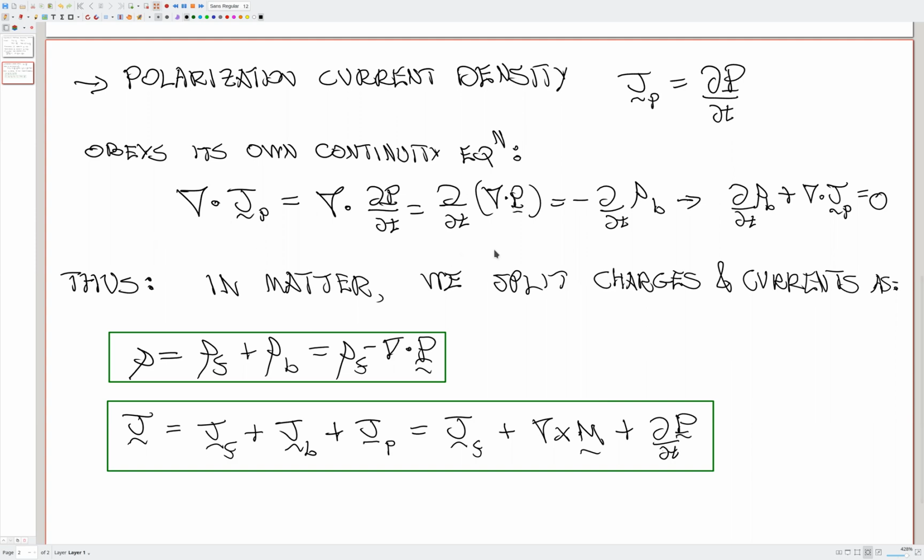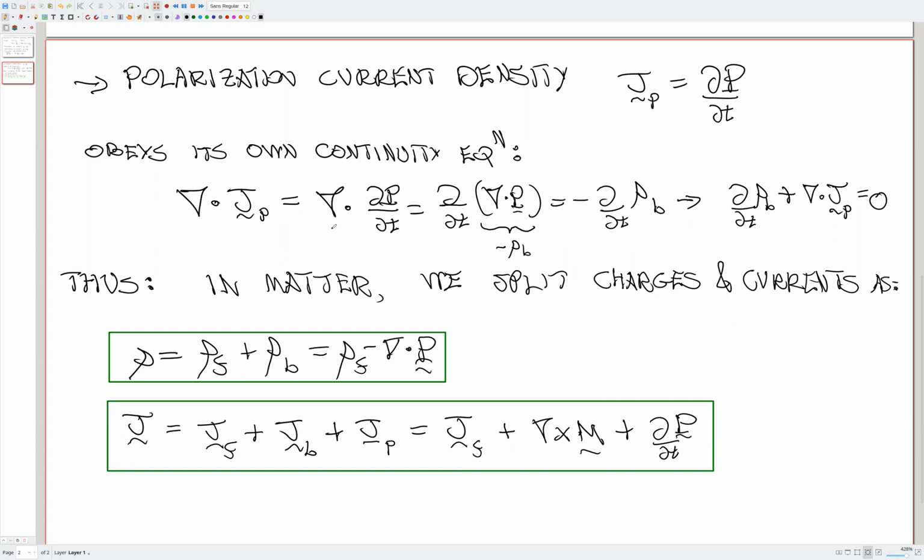The divergence of P is equal to minus the time derivative of the bound charge density. So here what I've done is that I've used our definition of the bound charge as minus the divergence of P. So this is the density of bound charges.